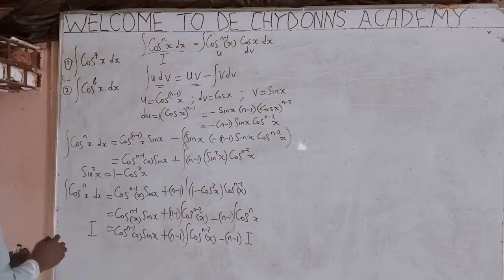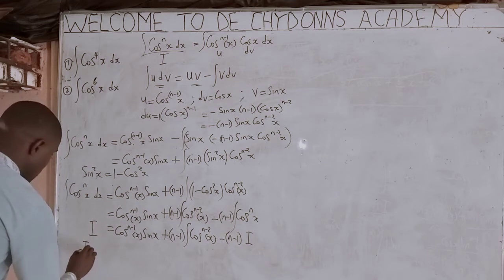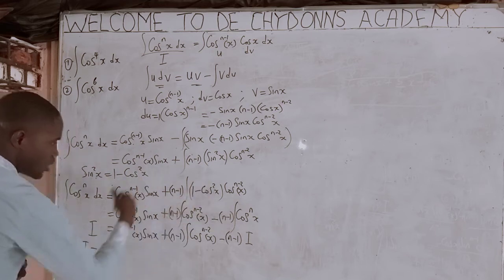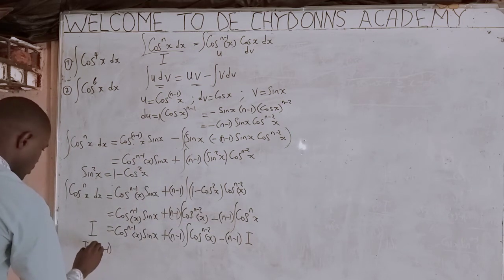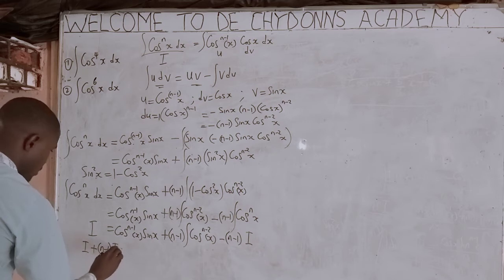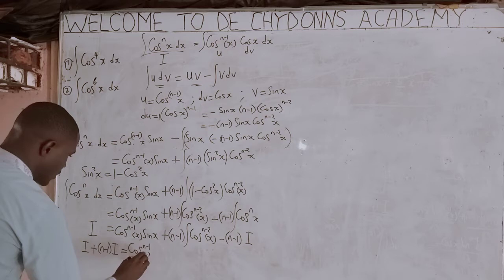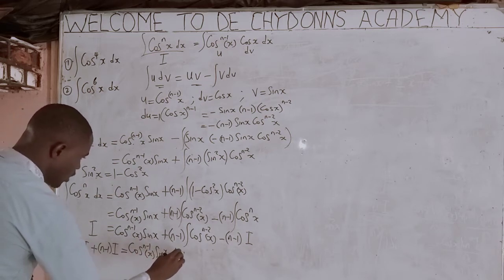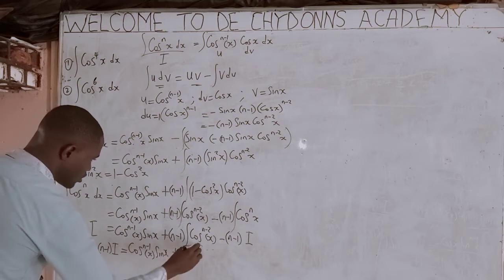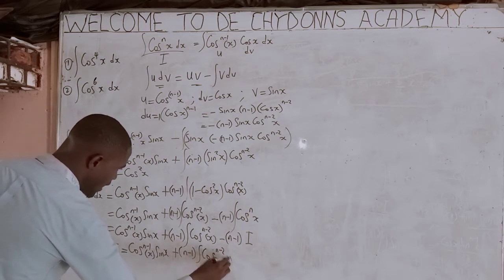Then we have finally that I, when this goes to the other side, it will be plus n minus 1 I, equals cos n minus 1 x sin x plus n minus 1 integration of cos n minus 2 x.